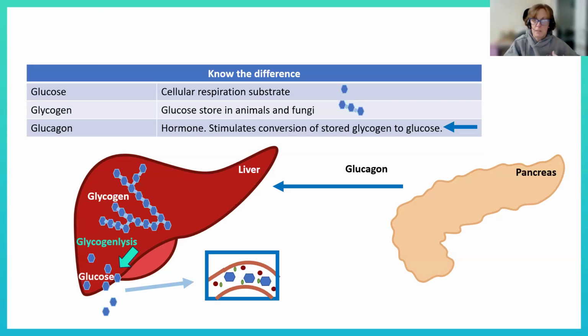It helps us to stay alive, helps our cells do things. We've got glycogen, which is how we, animals, humans, store glucose. And we've got glucagon, and they all seem quite similar words. And glucagon is the hormone that will convert the glycogen back to glucose when we need it in an emergency.